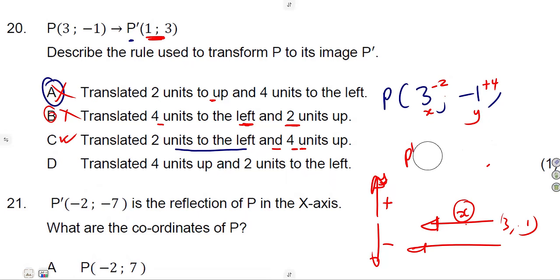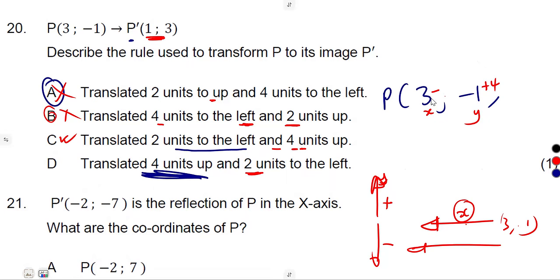Okay, let's just see the last one, which is D. D, they are saying what? Translated 4 units up. It is for the y values, 4 units up, the y values, you add 4. 2 units to the left, we subtract.